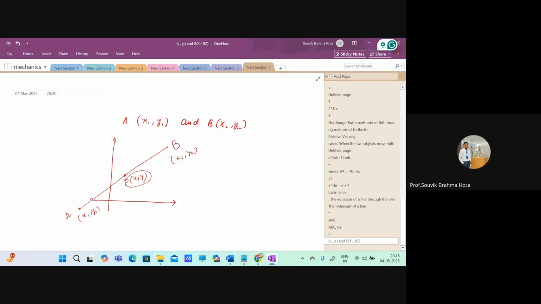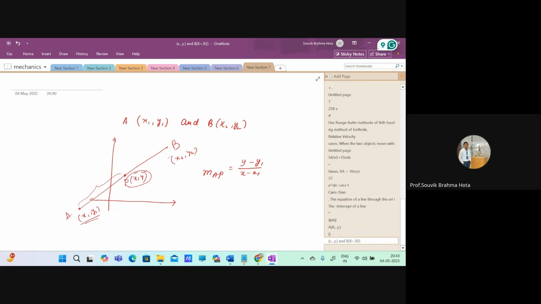So first you need to get the gradient of the AP line. The m of AP will be (y minus y1) divided by (x minus x1), because the higher values are x and y and the lower values are x1 and y1.